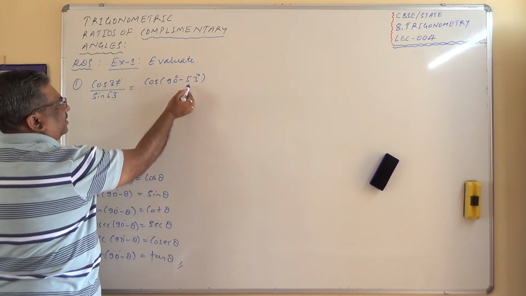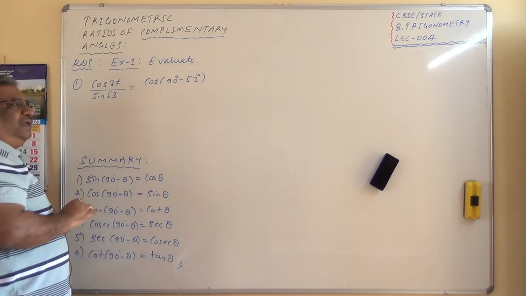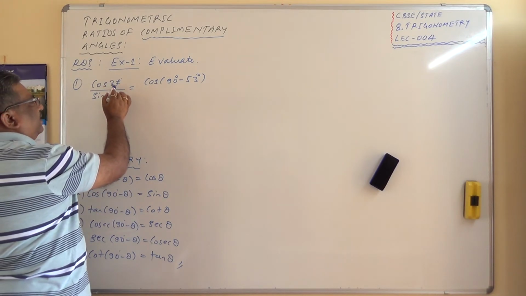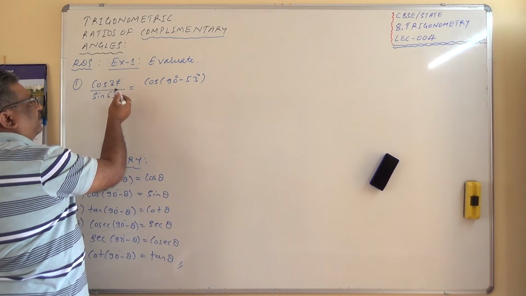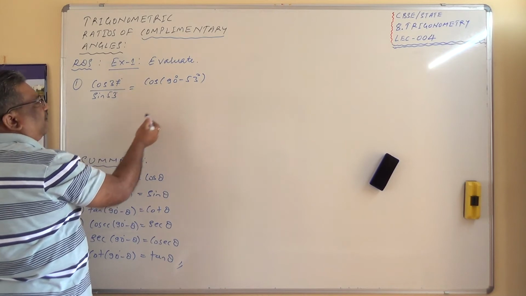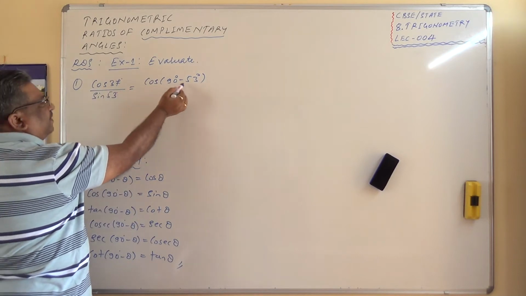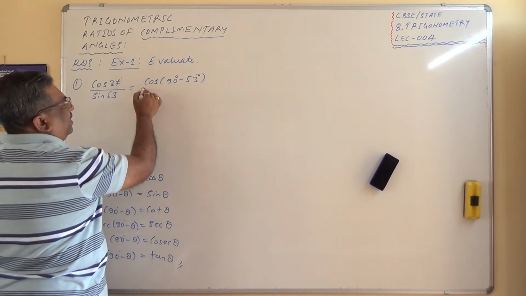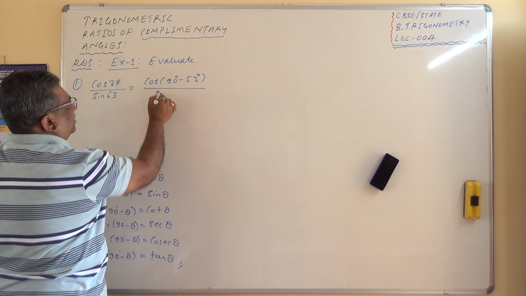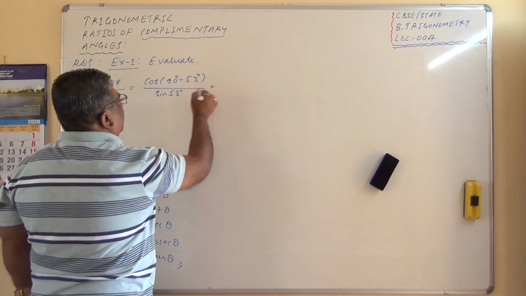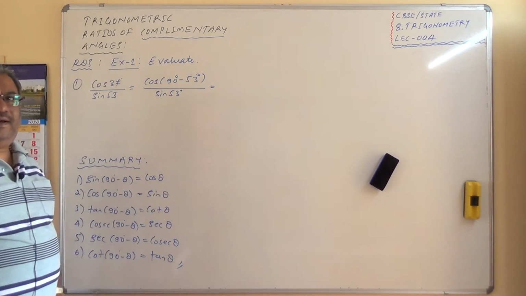So whatever I have written is nothing but cos 37 only. But what did I do? I expressed cos of 37 degrees in terms of 53 degrees. How did I do that? 90 minus 53 over here. So cos of 37 is cos of 90 minus 53 degrees divided by sin 53 as it is, which equals, what is cos of 90 minus theta?